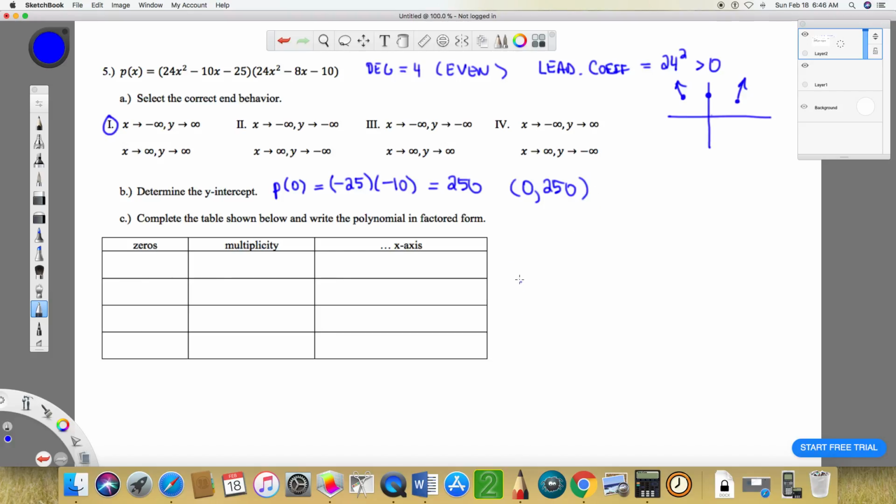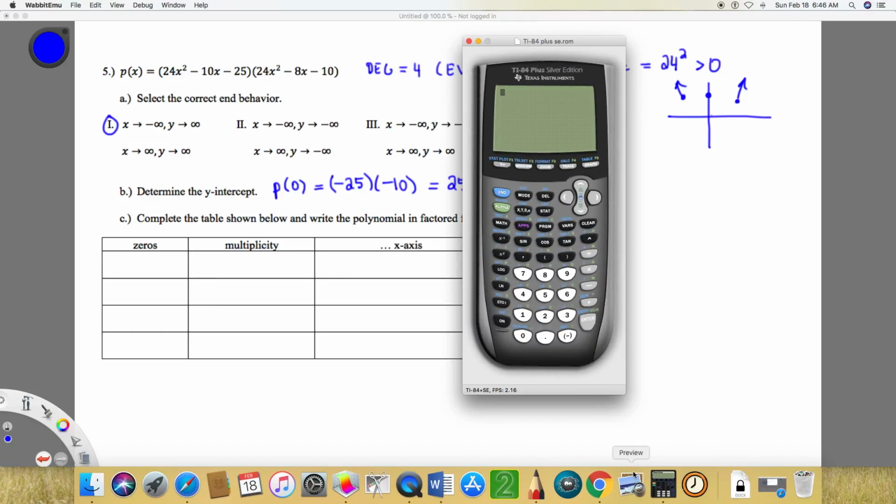All right, so let's factor each one of these. So let's make an x for each one. So if we factor this first one, we'll have an x over the negative 10 and 24 times negative 25. Oh, I don't know what that is.